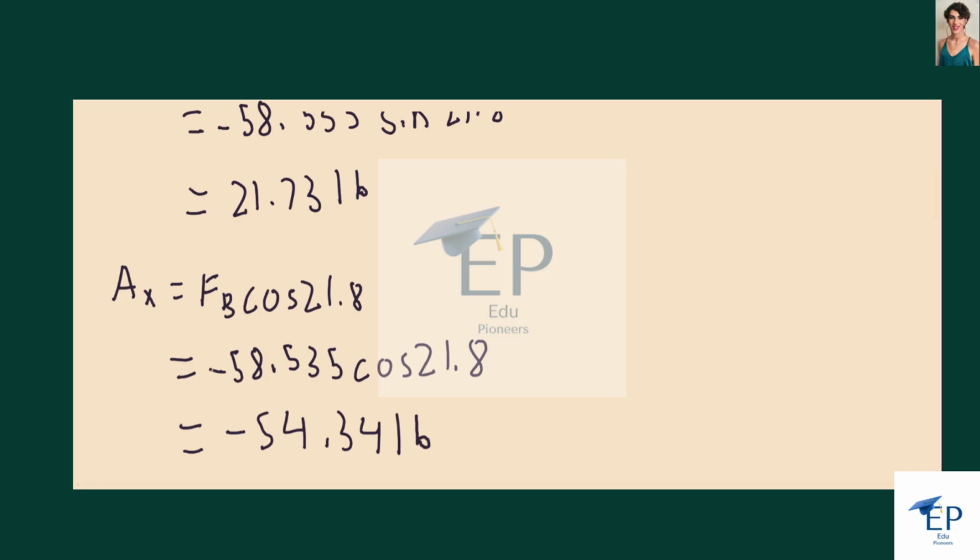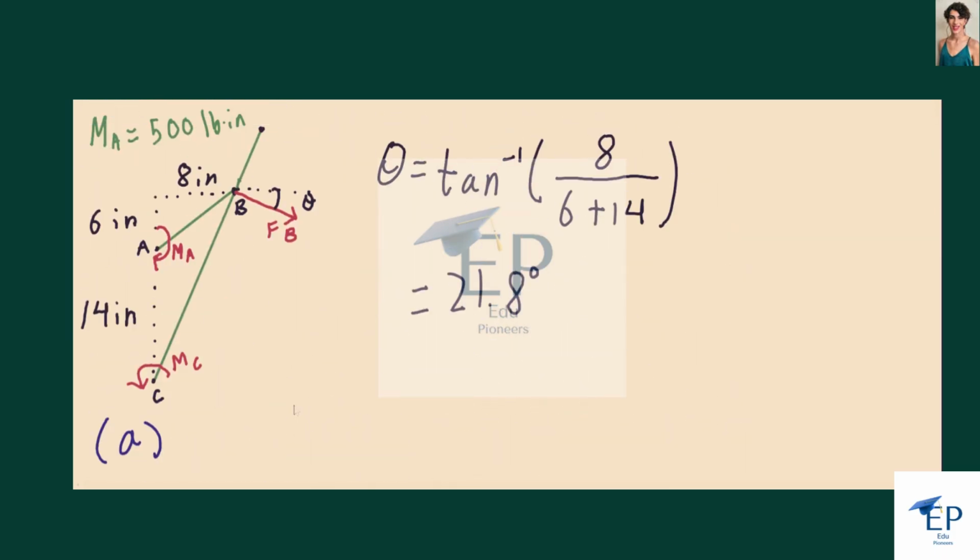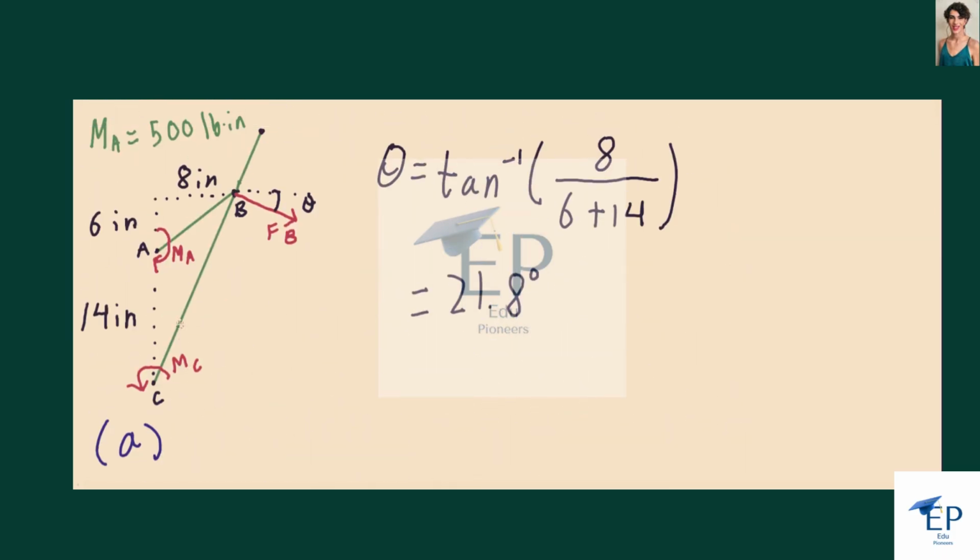And to get the x component of the force at point C, we know that the only force in the x direction is at point A. So by taking the summation of forces and setting it equal to 0, we know that the force in the x direction at point C is equal to the force in the x direction at point A in the opposite direction.